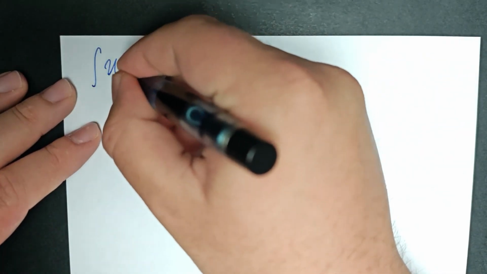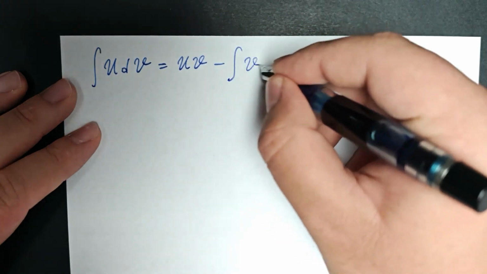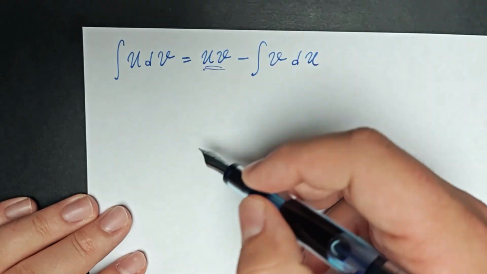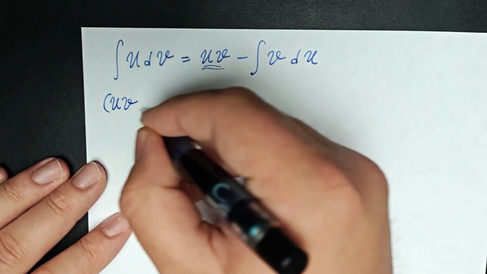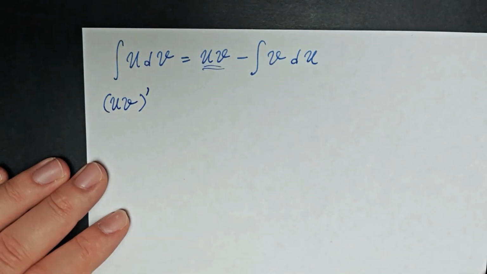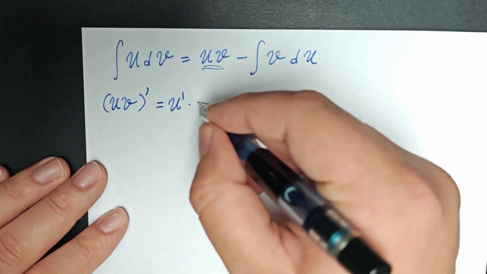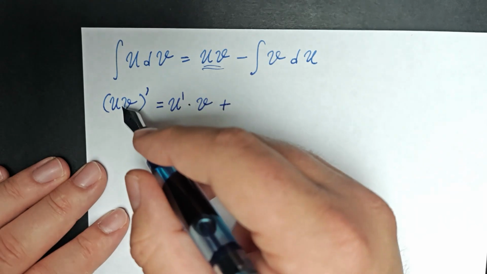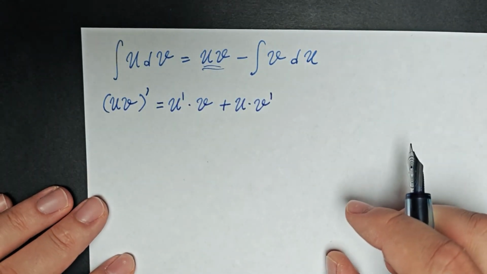Lastly, I want to show you how to derive this formula for integration by parts. We have this product here, u multiplied by v, and let's observe that product when we take the derivative of it. So we get the derivative of u multiplied by v plus u multiplied by the derivative of v.